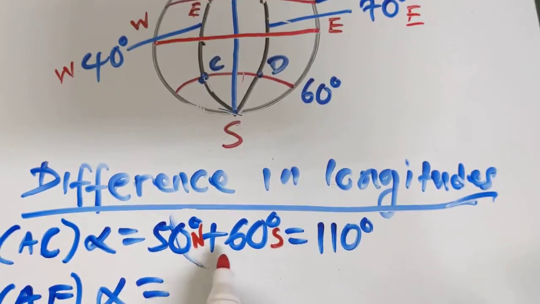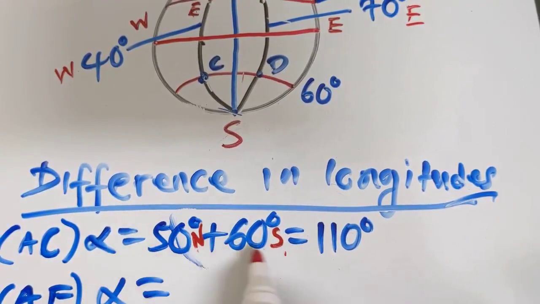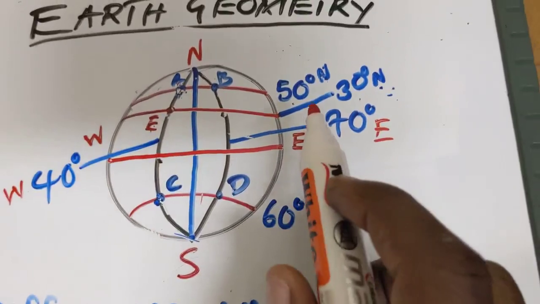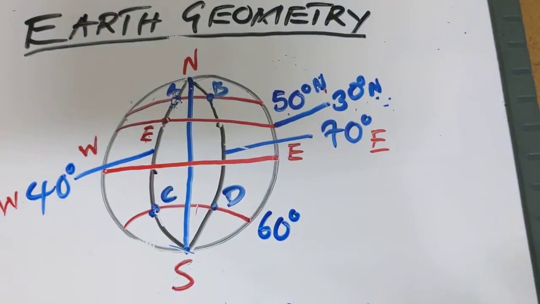These were different, north and south, so that is the reason why we added. But if they are the same, like north and north, we subtract.